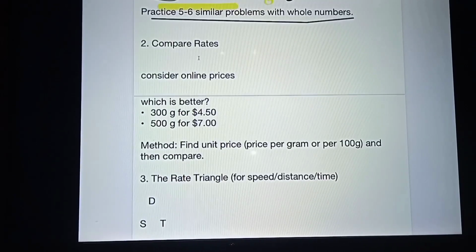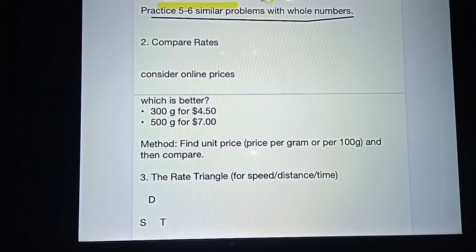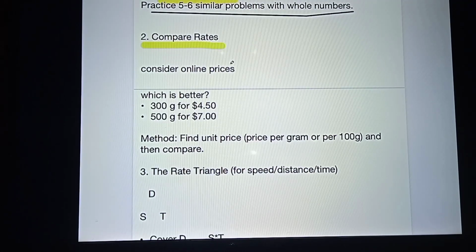We can find rates by using the method of comparing rates. For example, consider online prices. One item of 300 gram costs $4.5.